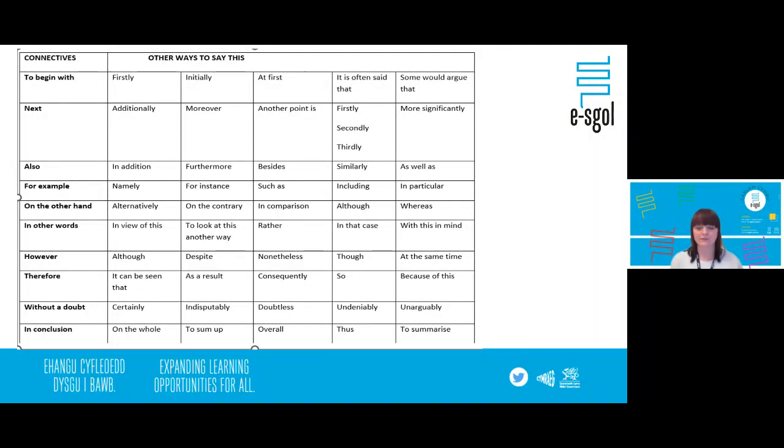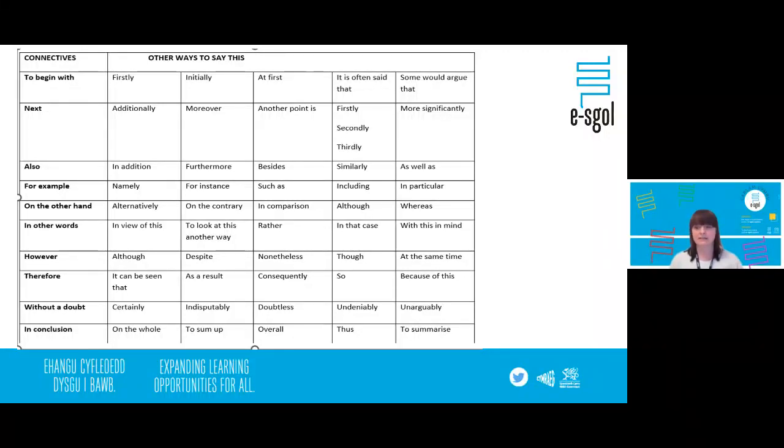Again, here what we have is just the grid, which will allow you to vary your use of connectives, just to make sure that your argument doesn't come across as repetitive, because we often find that it's, for example, also, next, to begin with, and it's very much the same throughout the course of the argument.